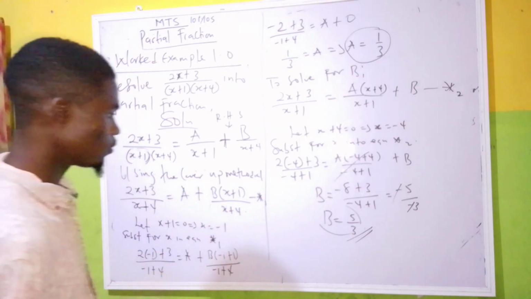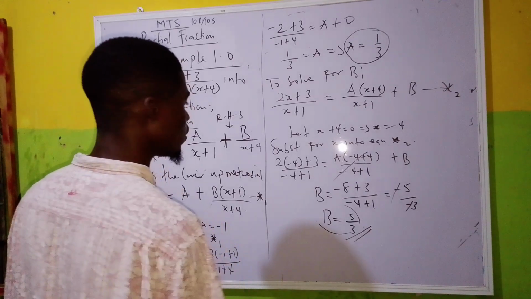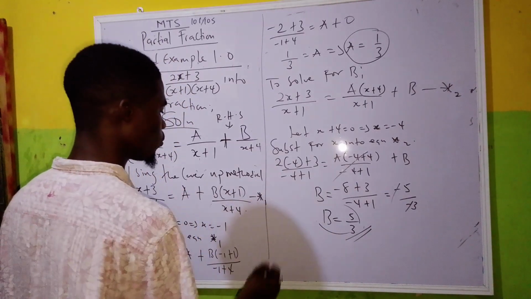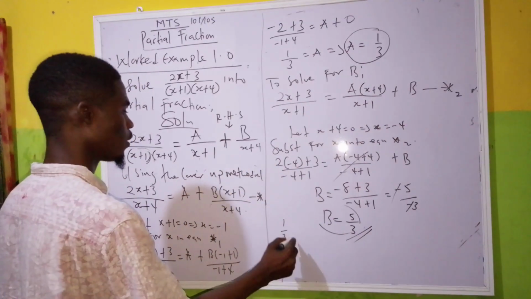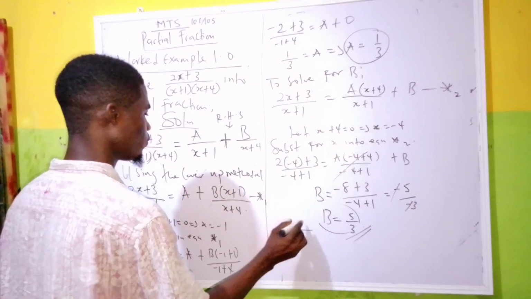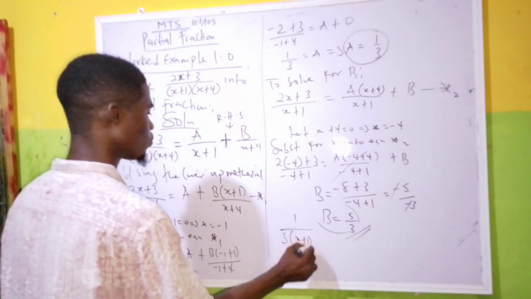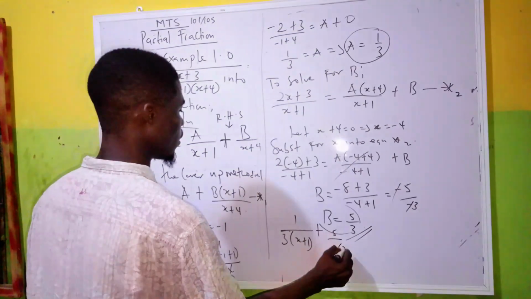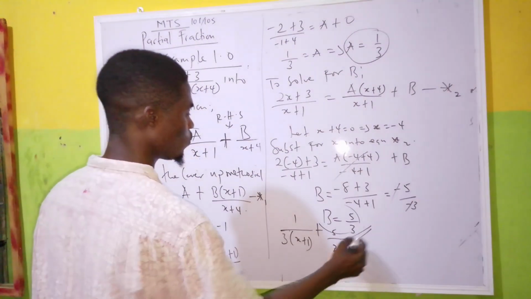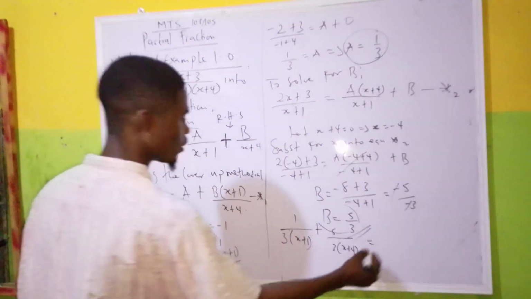So it's still the same thing anyway. So you can put it like this, 1 over x plus 1 plus 5 over 3 into x plus 4. Right? What is common? 1 over 3 is common here. You can bring it out.